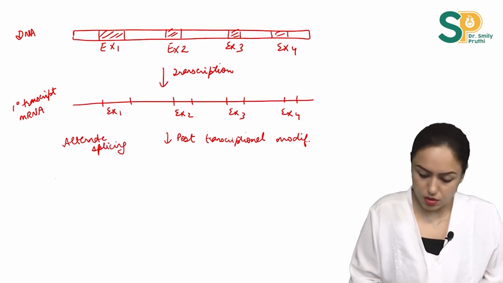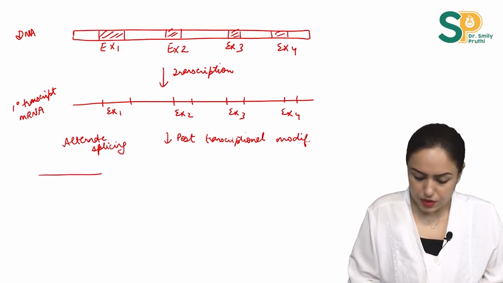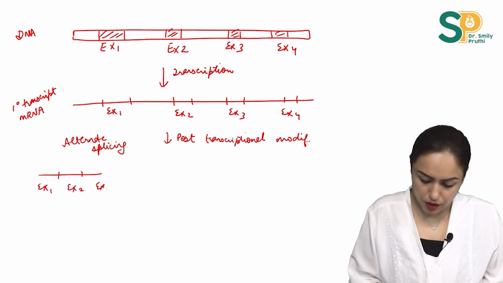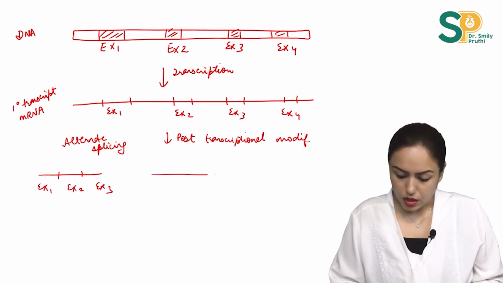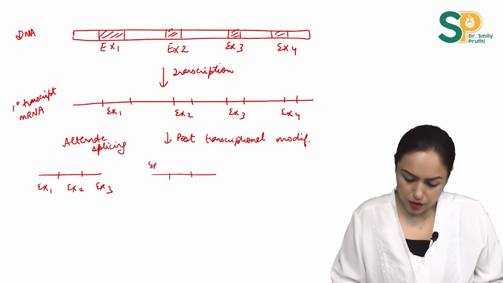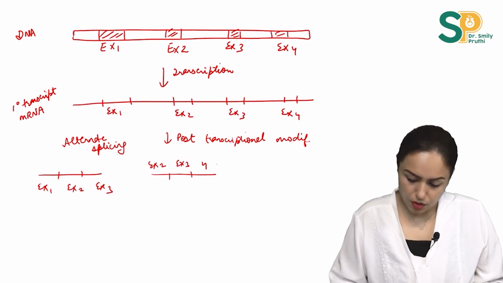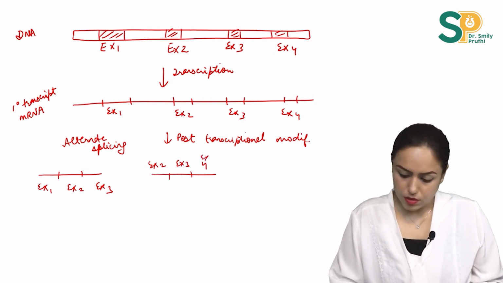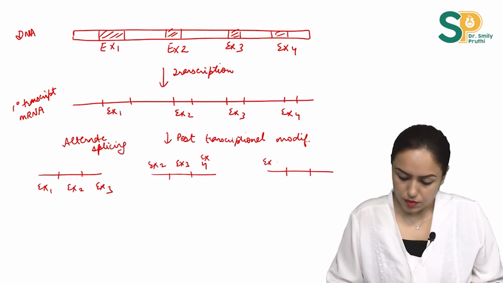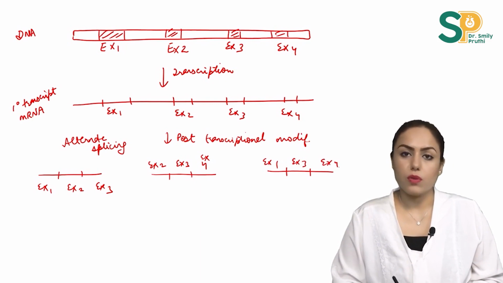Alternate splicing will occur so that sometimes in some mRNA exon 1, exon 2 and exon 3 are joined. In another mRNA exon 2, 3 and 4 are joined, right? In another mRNA exon 1, exon 3, exon 4 are joined, okay?